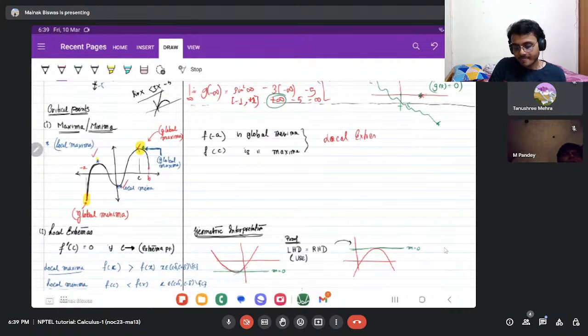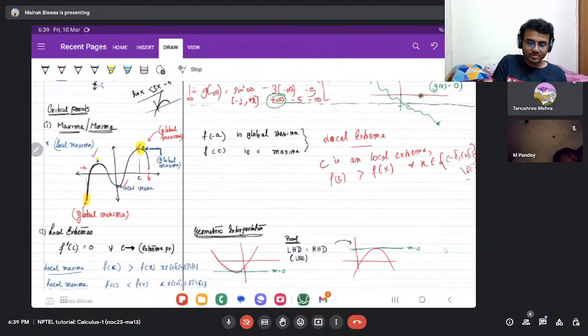Say C is a local maxima, then f of C is greater than f of x for all x belonging to C minus delta to C plus delta, leaving out C, right?